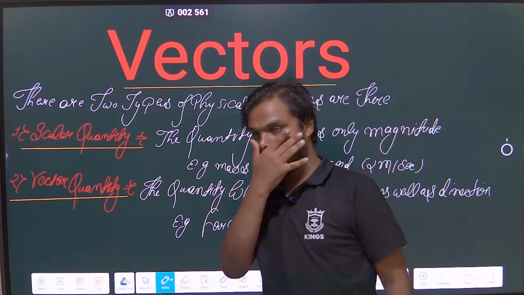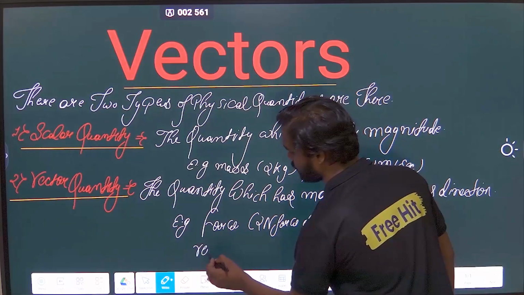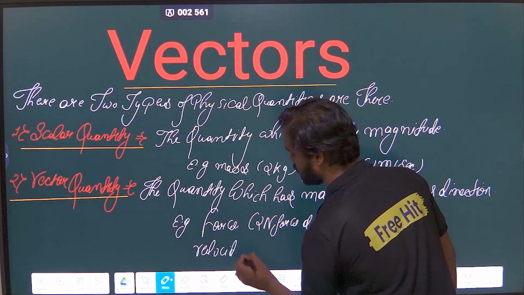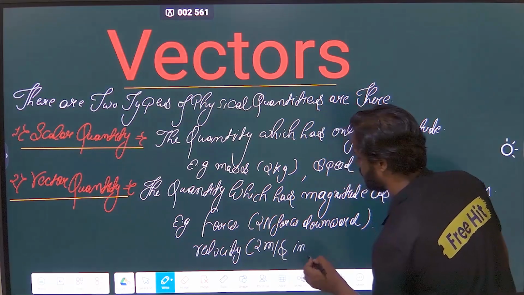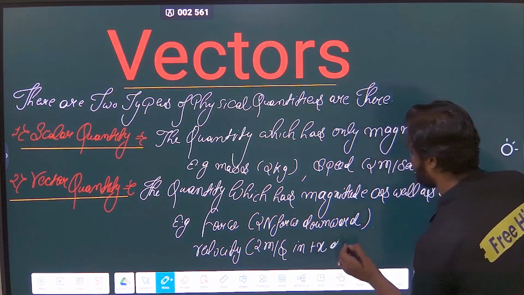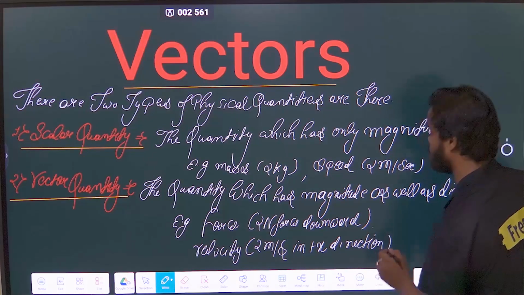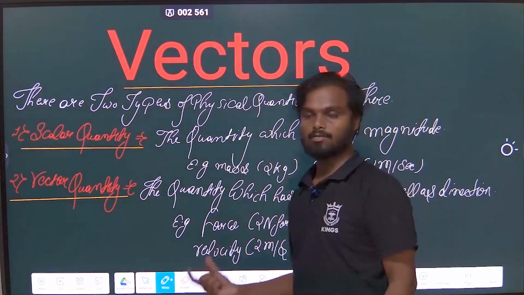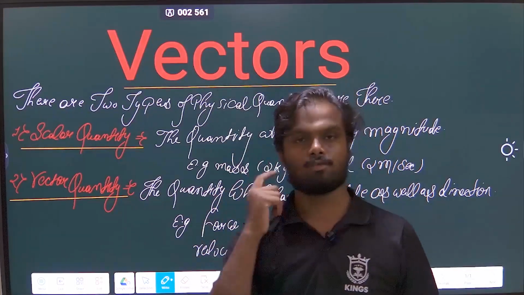For example, velocity: 2 meter per second in positive x direction. So we always mention a direction with these quantities. Okay, so that is called a vector quantity. So the quantity in which we mention the direction also.